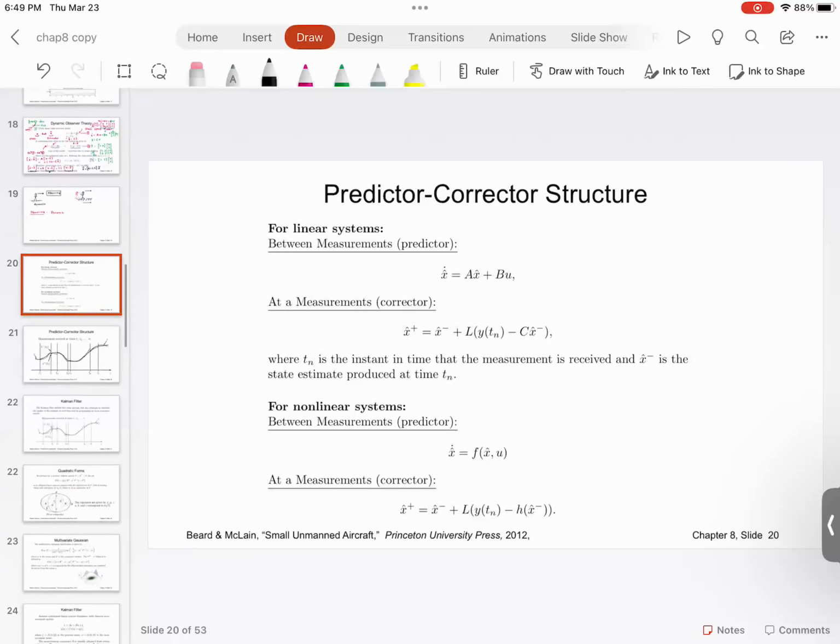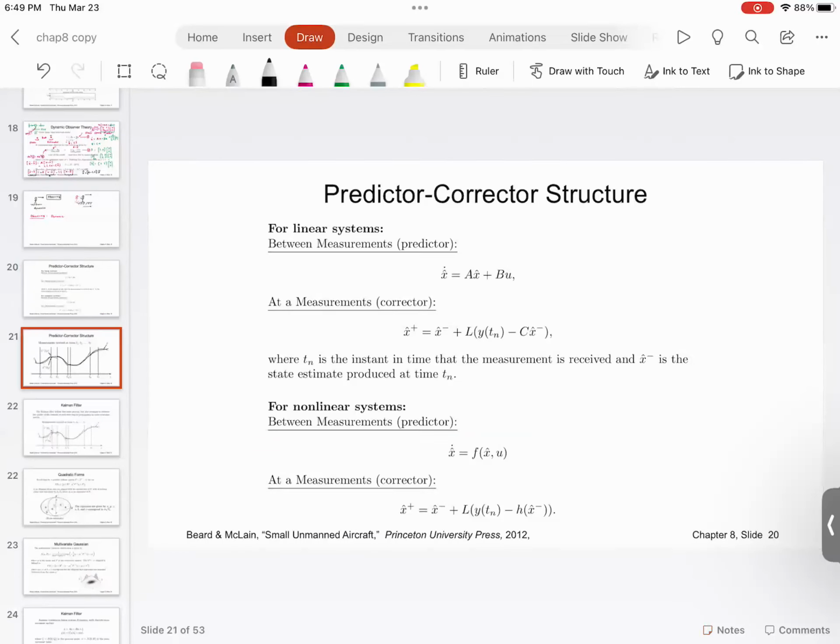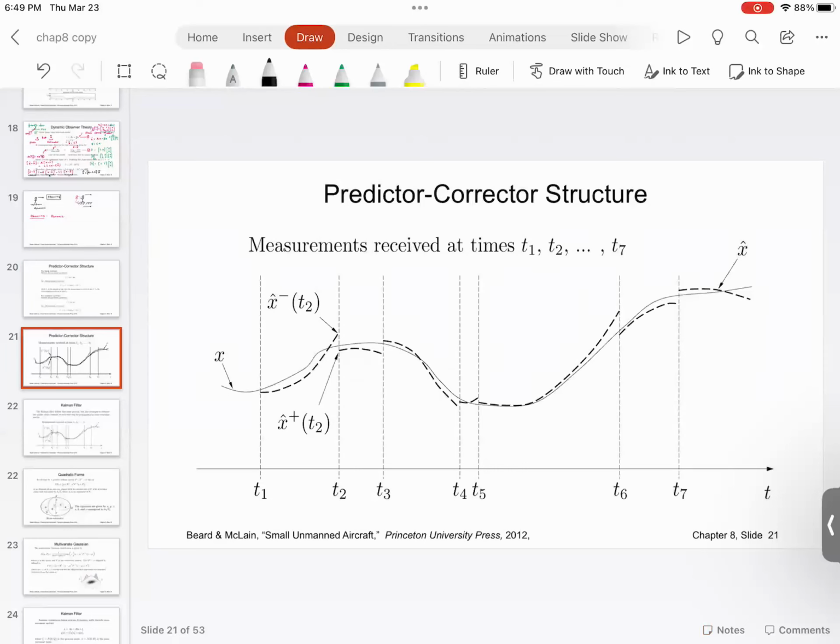Now comes how it actually operates. And to be honest with you, I haven't really talked about the math. So I'm going to talk about the math in detail because I want you to be absolutely clear about Kalman filtering.